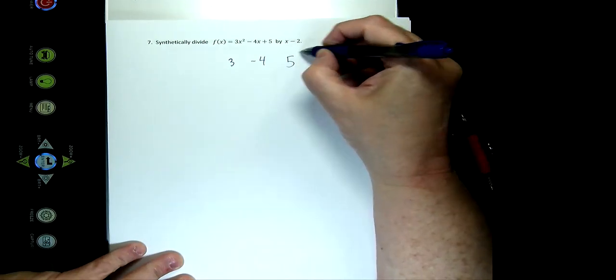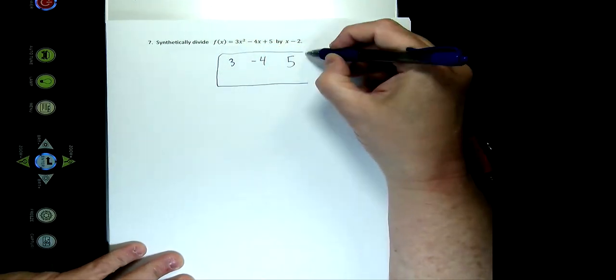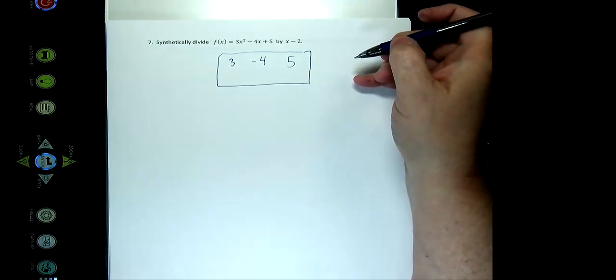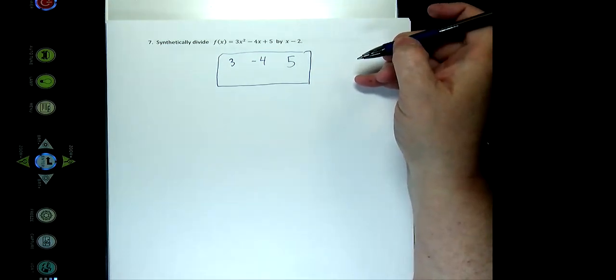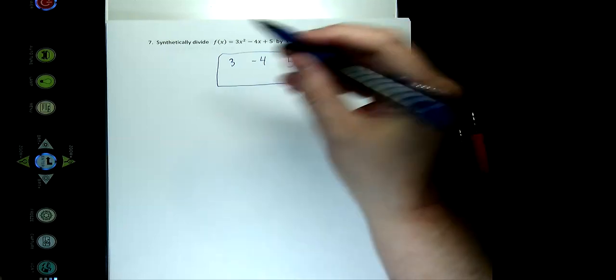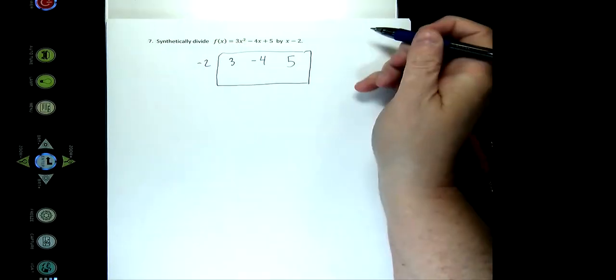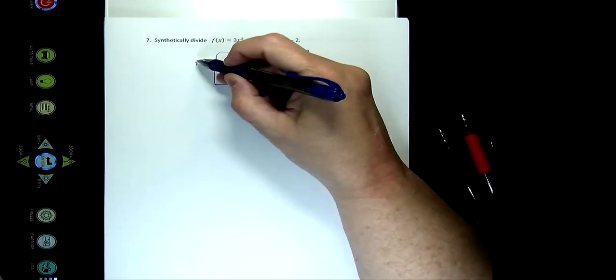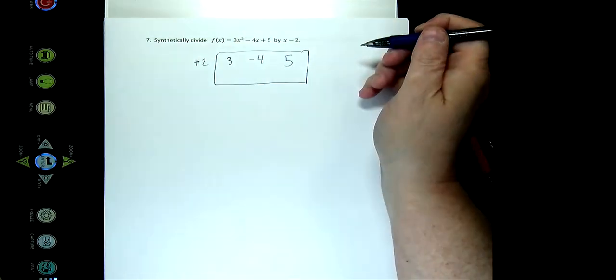Put them in a box. Well, now what? I got them in a box. Put a -2 up front. Close. It's the opposite sign here.